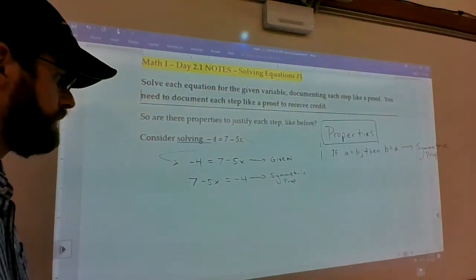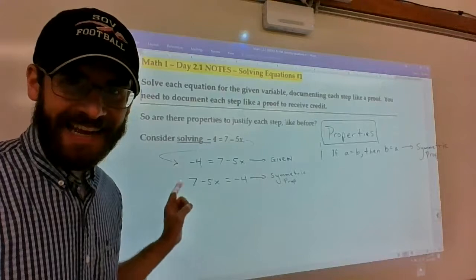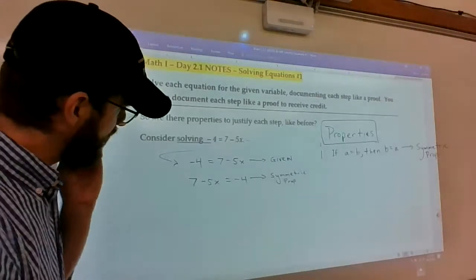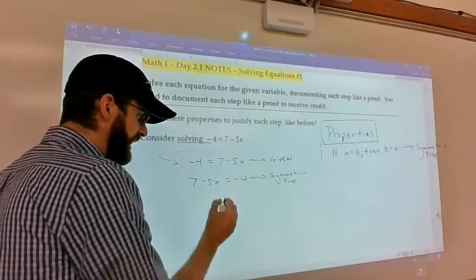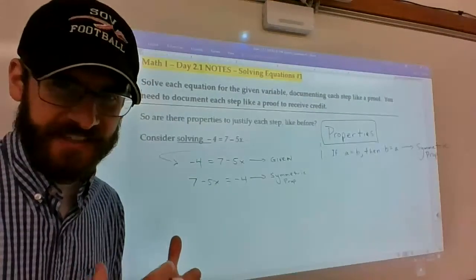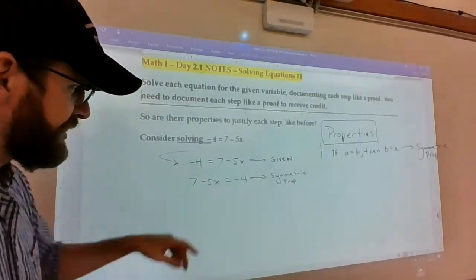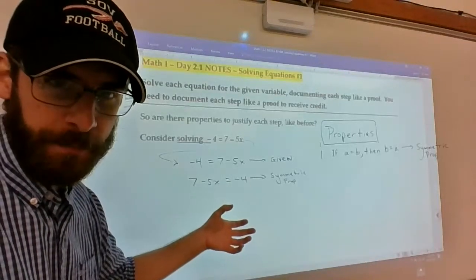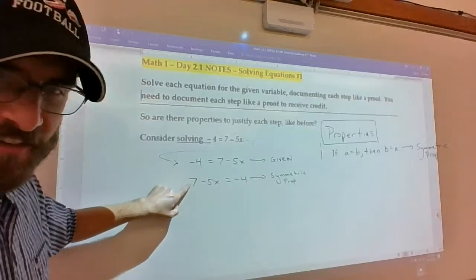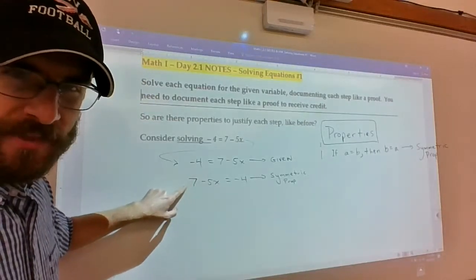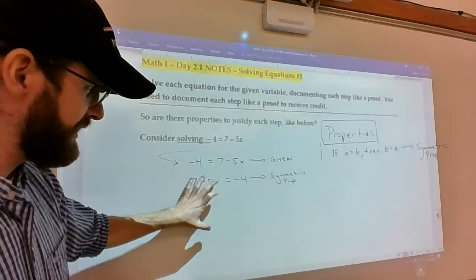Now, the name of the game is getting x by itself. In the order of operations, with subtraction and multiplication, you can't really simplify the left-hand side at all. In fact, you want to get like terms to combine from both sides of the equation. So when you see this 7, it's messing up the operation when we're trying to get x by itself here.